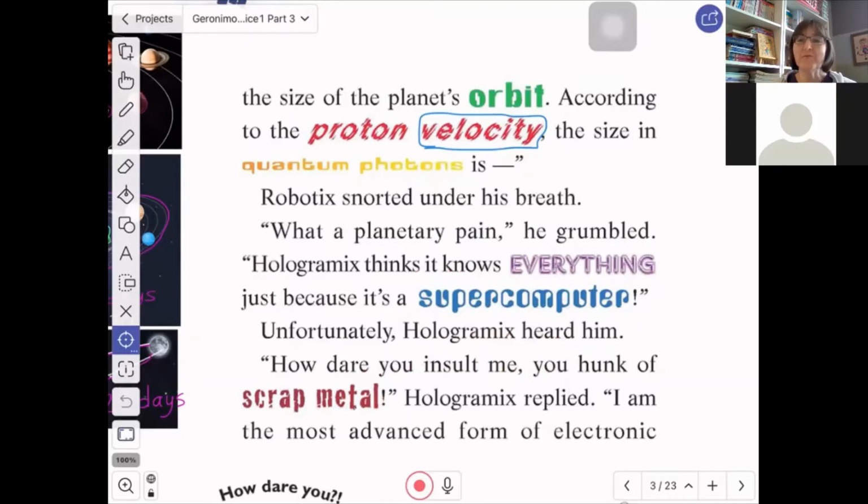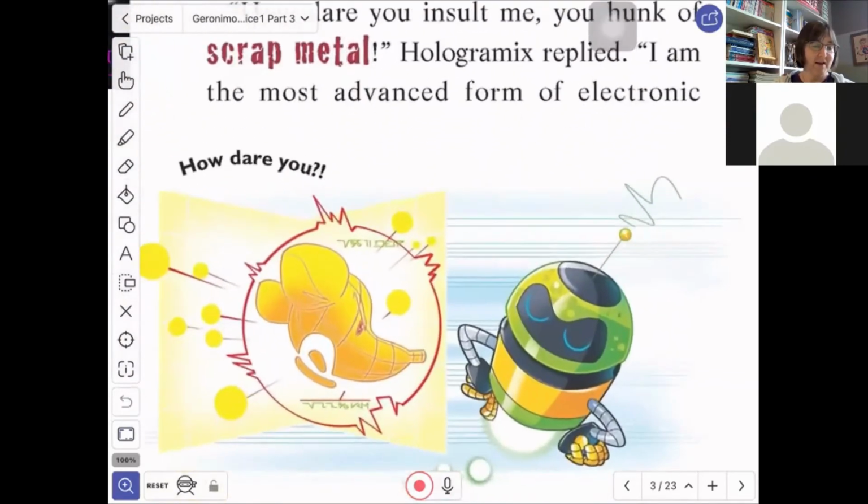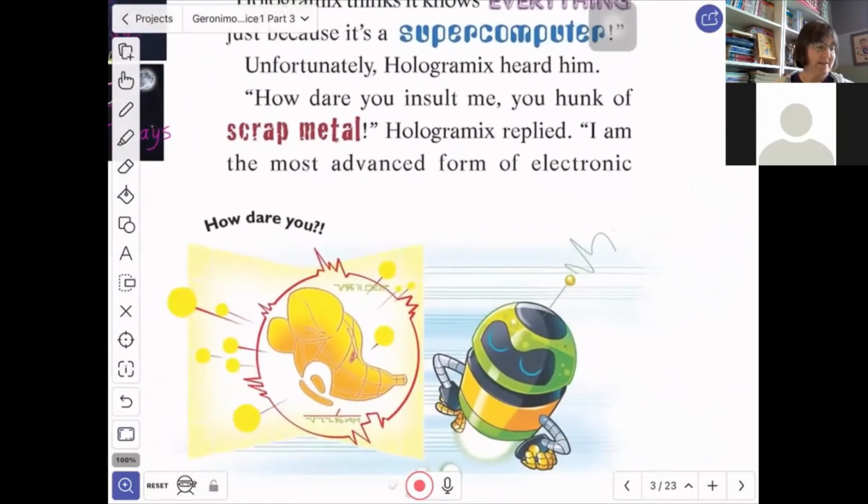The two robots are, the computer is Hologramics, and Robotics is also a robot, and they're kind of making fun of each other. Oh, right here we can see Hologramics and here's Robotics. And Hologramics calls Robotics a hunk of scrap metal.